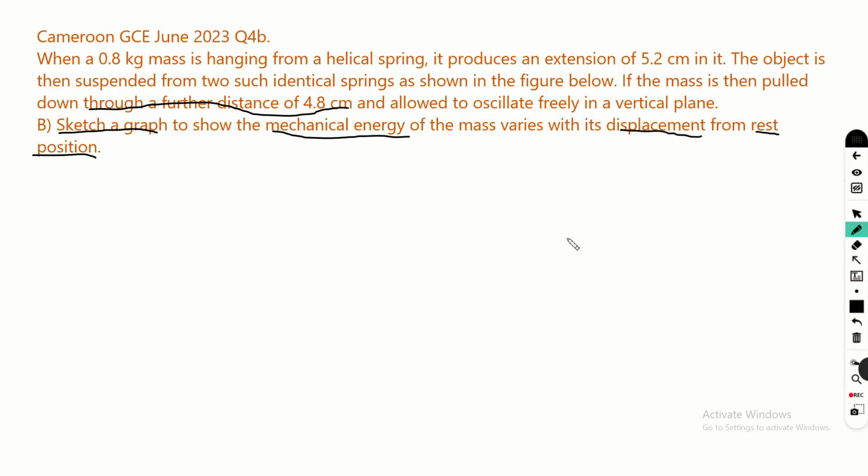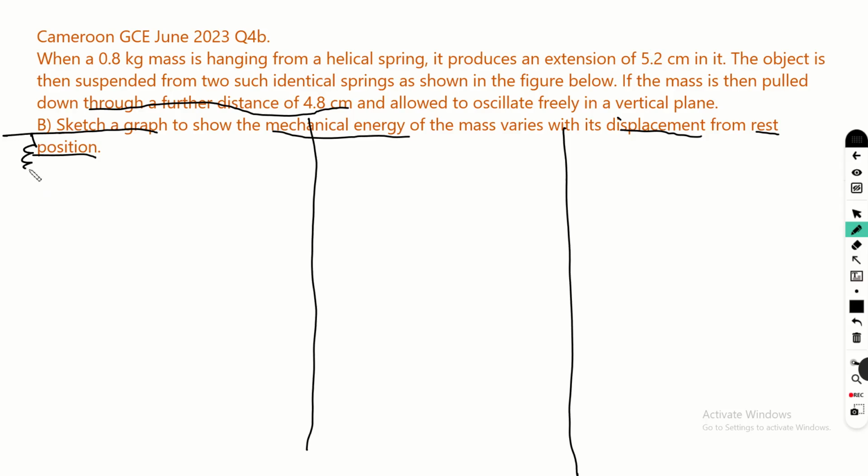Great. Now we are going to dive into the question, but before, let me draw the diagram for this question. So the diagram to this question is like this. That's how the diagram looks like.